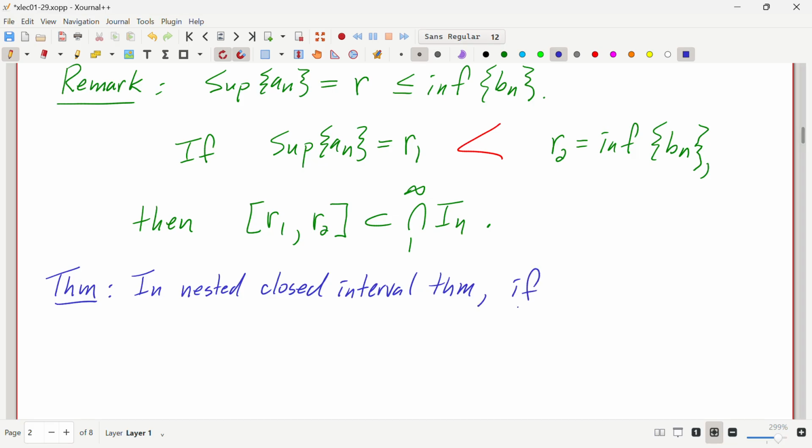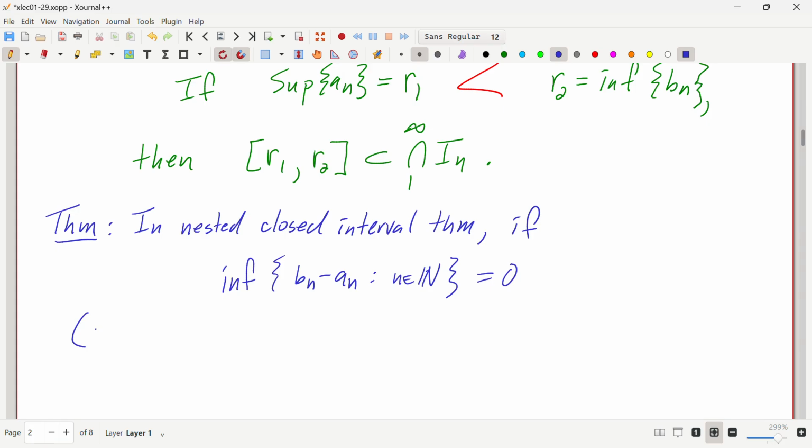If the infimum of the bn minus an, that's the length of the interval, for n in N, is 0.